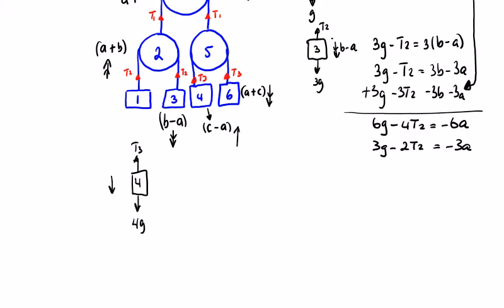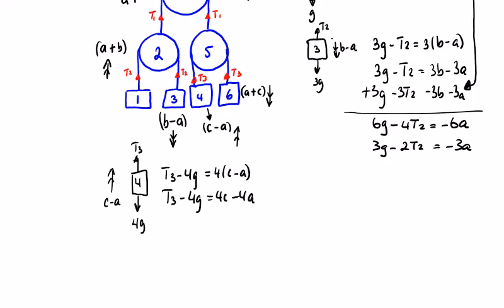It's definitely going up. 4 is going up with an acceleration of C minus A. So we can say that T3 minus 4G is equal to 4 times C minus A, or T3 minus 4G is equal to 4C minus 4A.